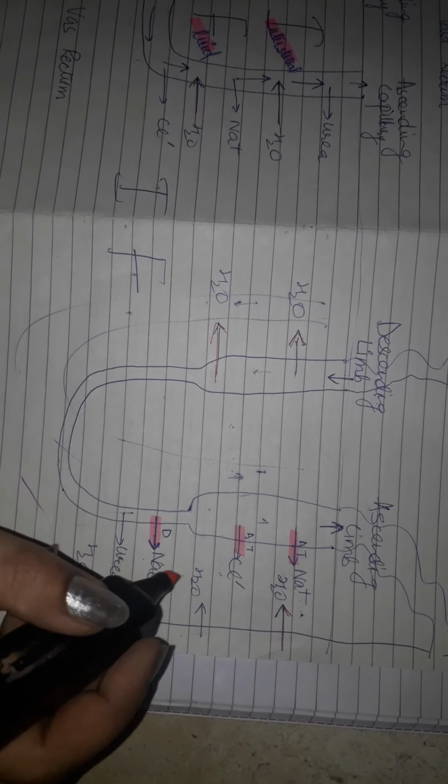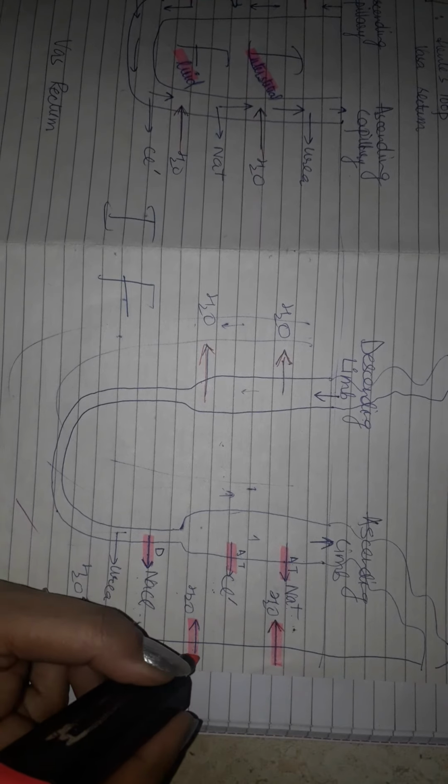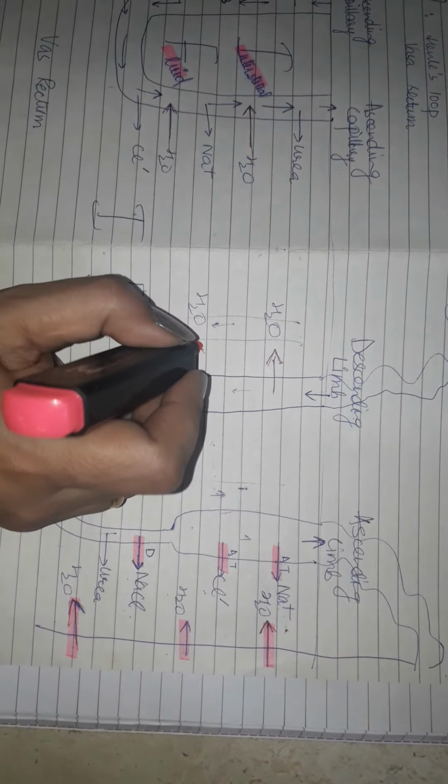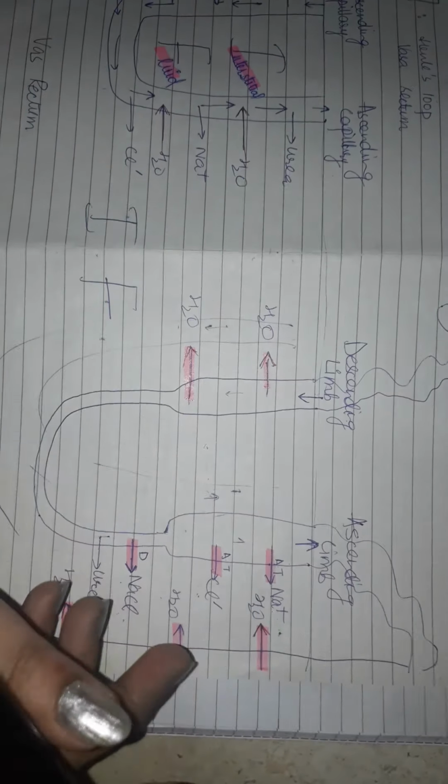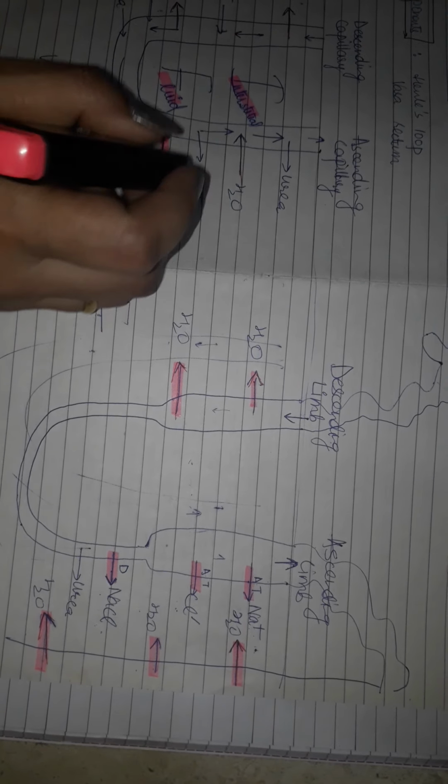As soon as sodium chloride, sodium ions and chloride ions come out into the interstitial fluid, then the water from the collecting duct and the descending limb of loop of Henle comes out by the process of osmosis into the interstitial fluid, and this water is carried away and immediately enters the ascending limb of the vasa recta.